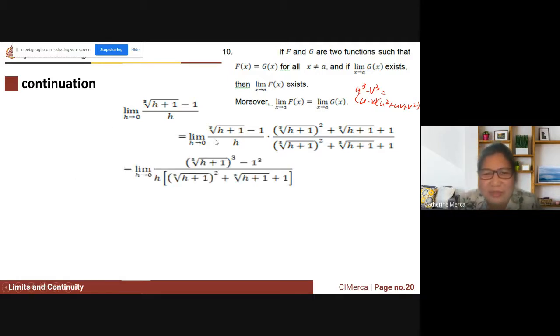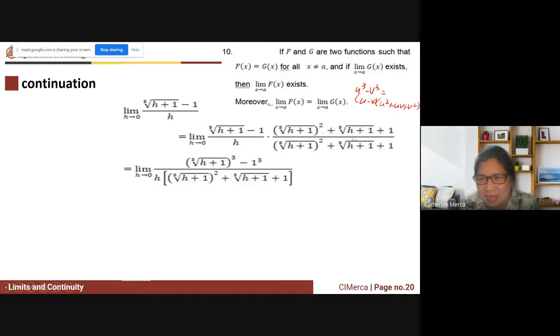You now have the cube root of h plus 1 minus 1 over h, that is multiplied by this quantity, which is the square of this, the cube root of h plus 1, plus the product of this, pero instead of minus, plus na dayon. So, correct to siya ganina.